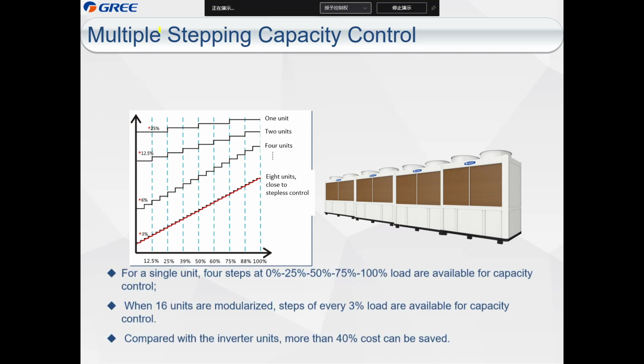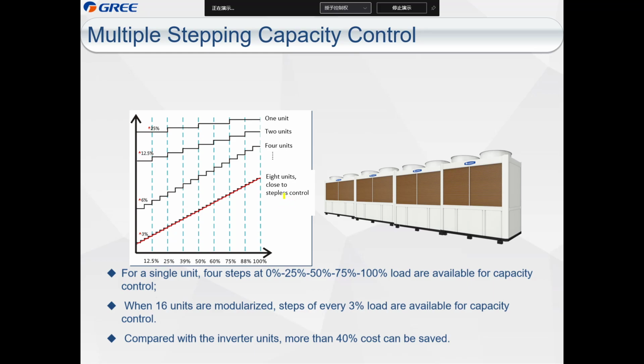And the next is the multiple stepping capacity control. We see this: the minimum is 3%. This is almost stepless control.